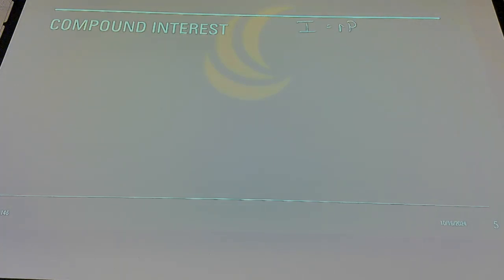The rate times the amount. That is simple interest. Almost nothing works as simple interest, but it's a good way to start.